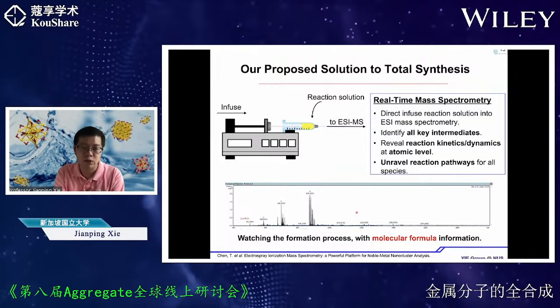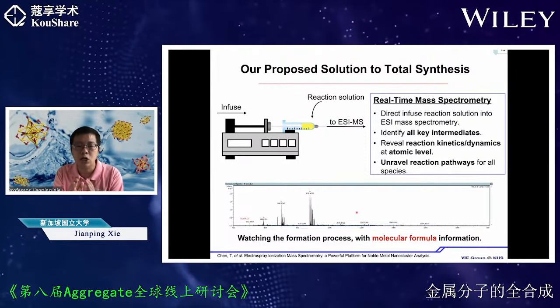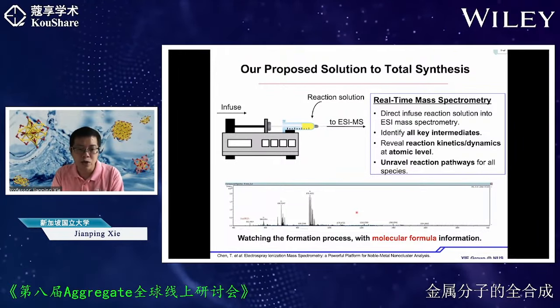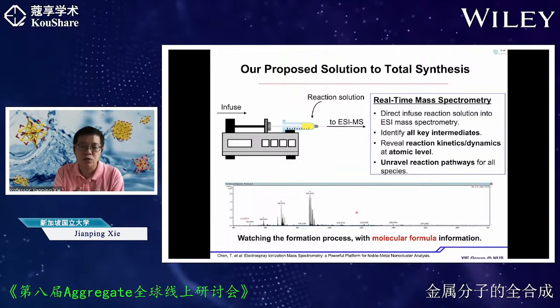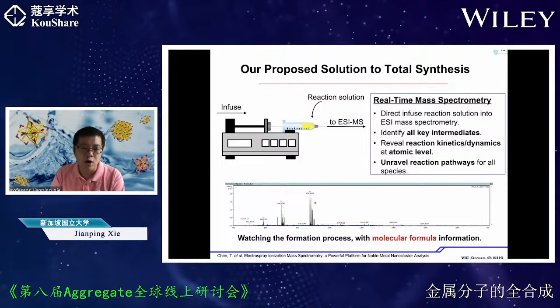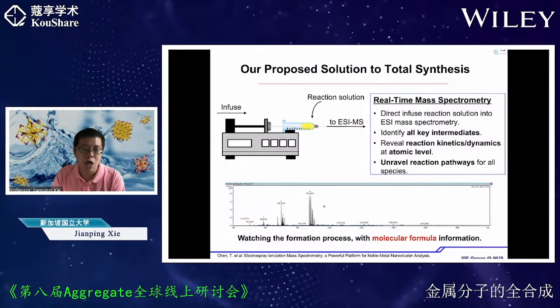So this is the synthesis of a very common cluster, the Au25(SR)18 cluster. You can use the ESMS to monitor the synthesis of these clusters. As shown here, before the reaction you can see some peaks.